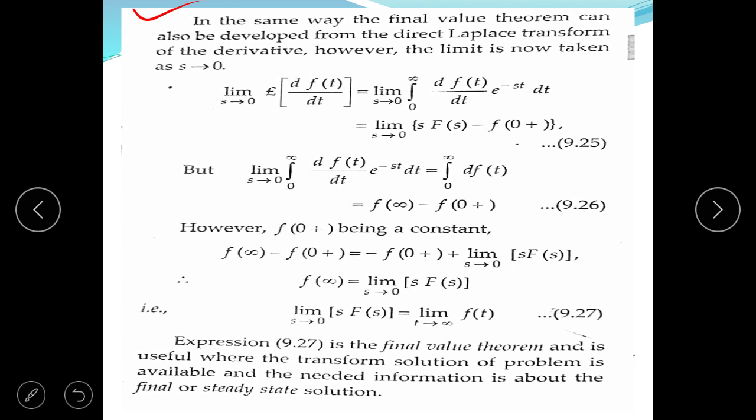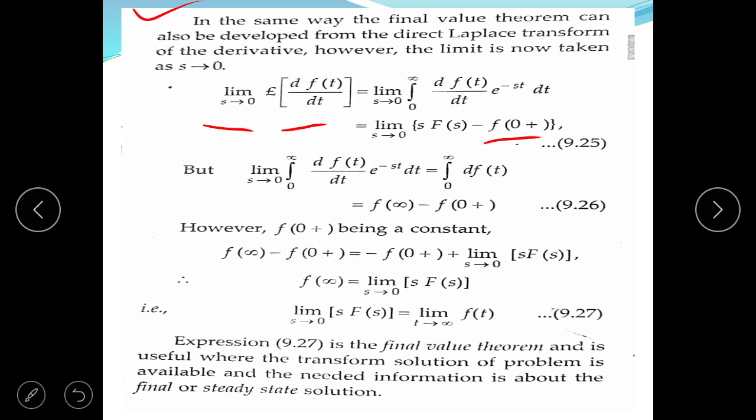So, limit as s tends to 0 of the Laplace transform of the derivative df(t)/dt is equal to limit as s tends to 0 of the integral from 0 to infinity of df(t)/dt e to the power minus st dt. And the Laplace transform of the derivative df(t)/dt is equal to sF(s) minus f(0+).